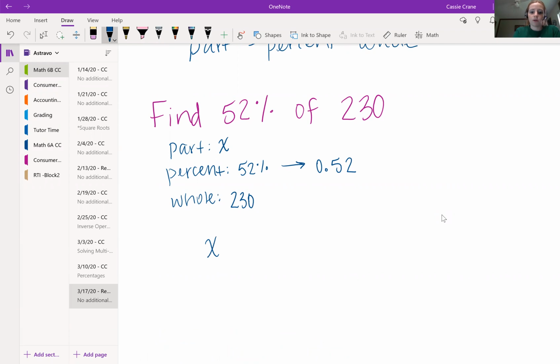I don't know the part, so that's X equals the percent, which is 0.52, times the whole, which is 230. Then I can simplify this because I can multiply 0.52 times 230, and when I do that, I get 119.6. So my answer would be 119.6 is 52% of 230.